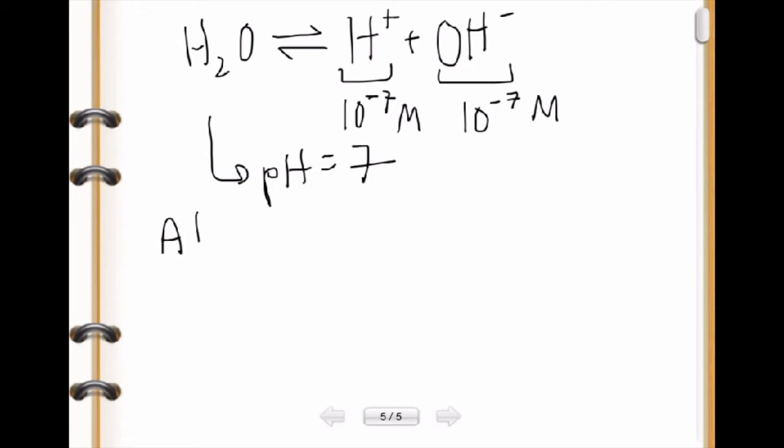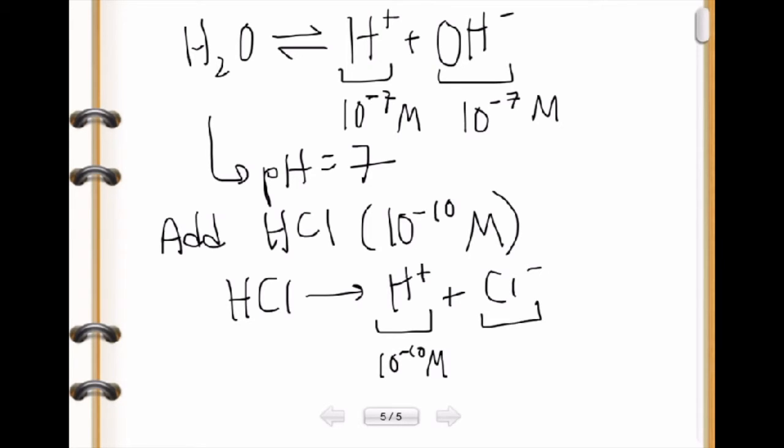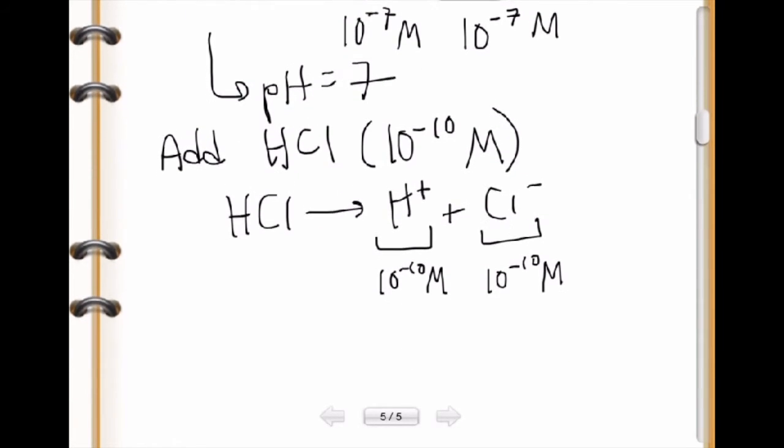And now when you add the HCl, for simplicity's sake, remember HCl is now 10 to the negative 10th molar. And when this happens, we're going to have an H plus and Cl minus. Now this H plus will be 10 to the negative 10th molar, and Cl minus will be 10 to the negative 10th molar. So if you wanted the overall pH, like the overall H plus, I'm going to go ahead and go down now.